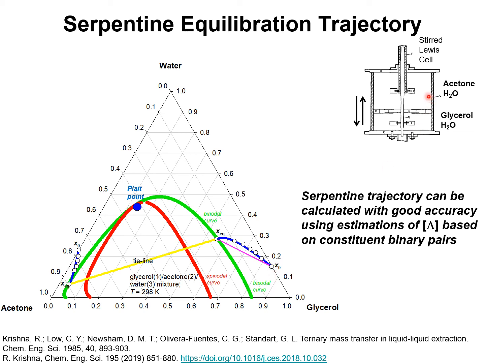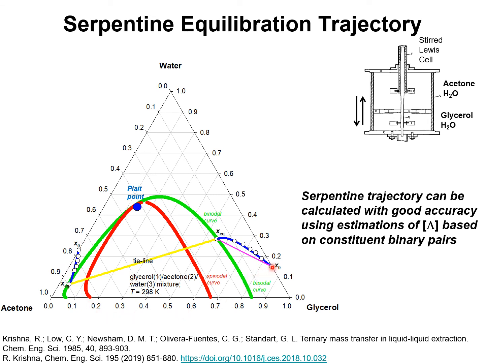The top cell contains a mixture of acetone and water at this composition. And at time t equals 0, the stirrers are rotated and interdiffusion is allowed to take place. The experimental data showing the approach to equilibrium is shown by the open circles in either phase.